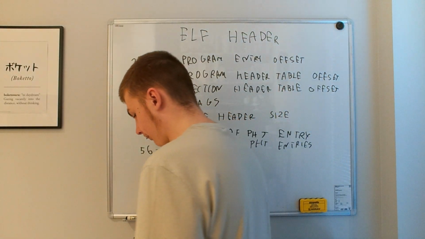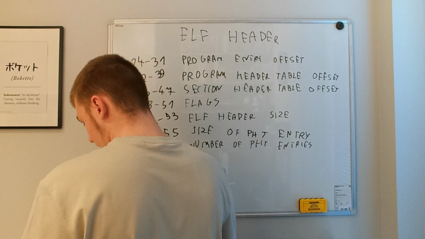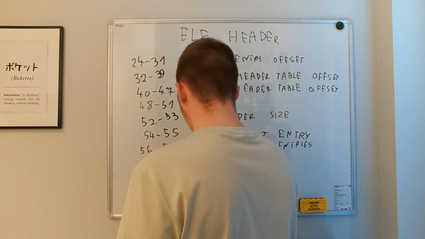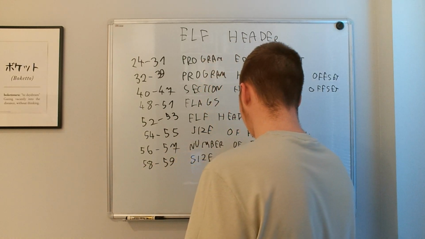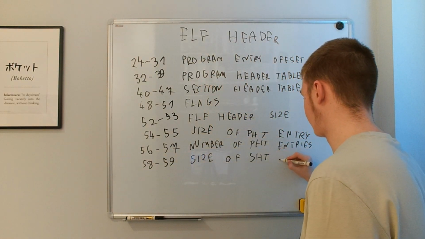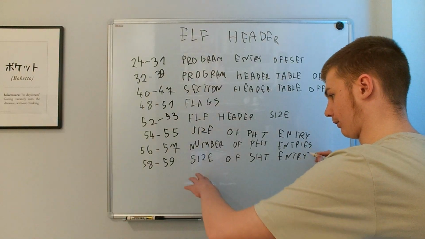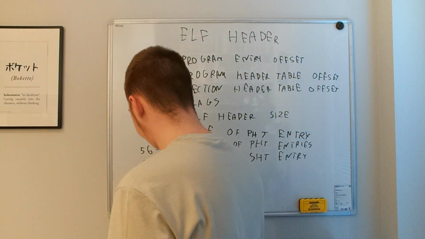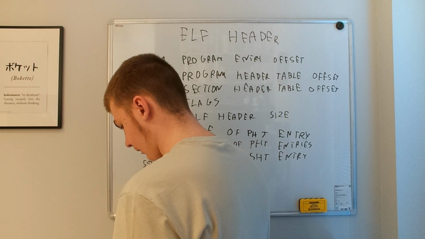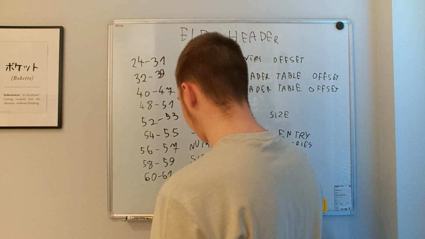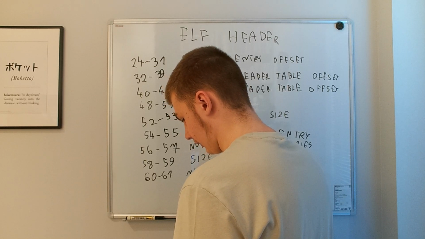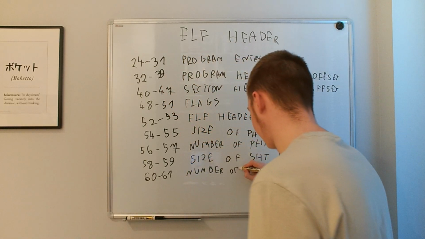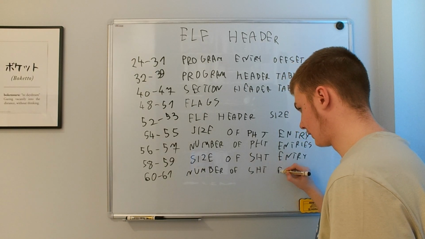And then 58 to 59, it stores the size of one section header table entry. Again, we won't have to care much about that one. 60 to 61, right, that's the number of SHT entries.